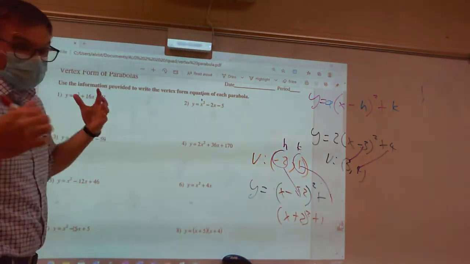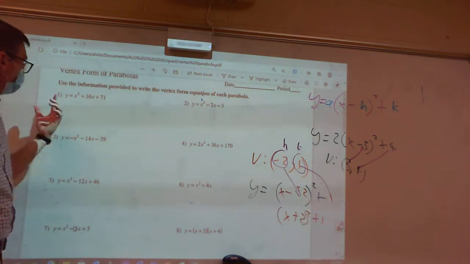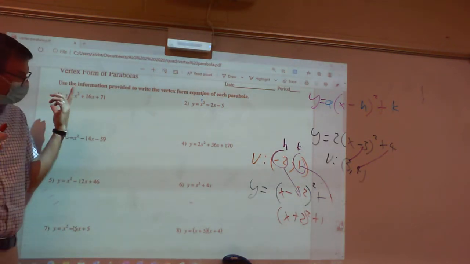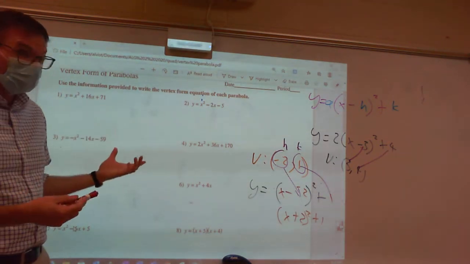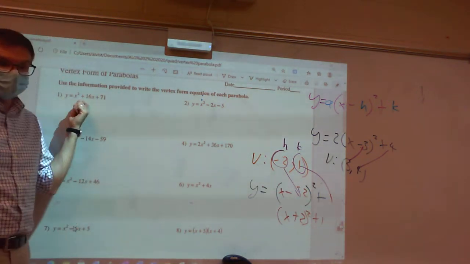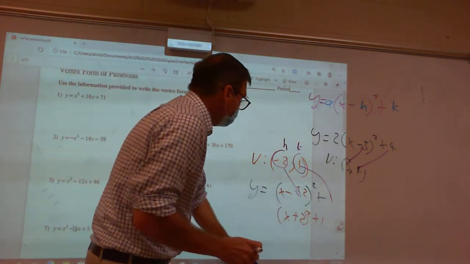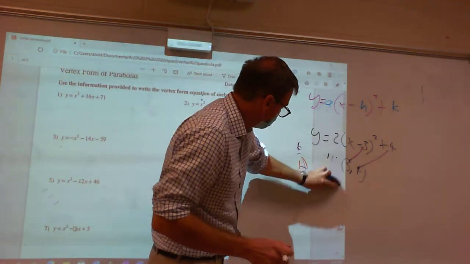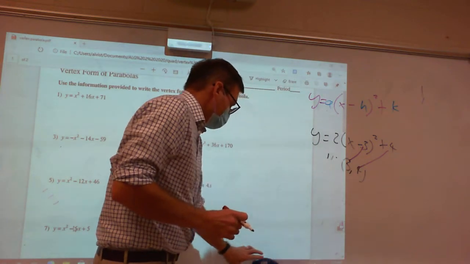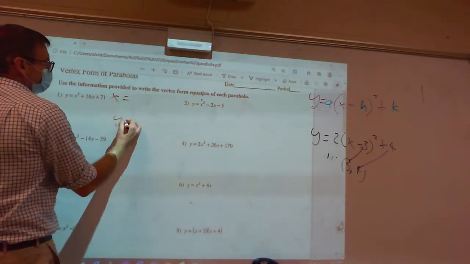All right, so now given that information, this is going to tie in with what we did Friday, when I gave you stuff that looked like this, and I said find the vertex. Our vertex had an x part, and it had a y part.